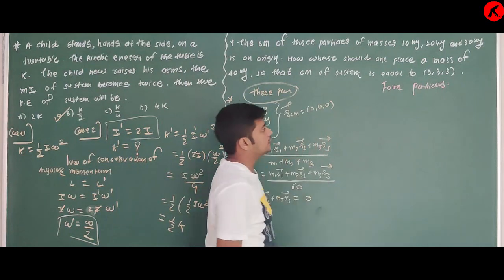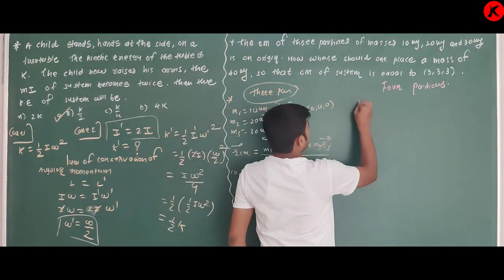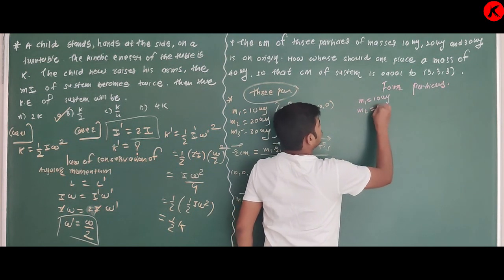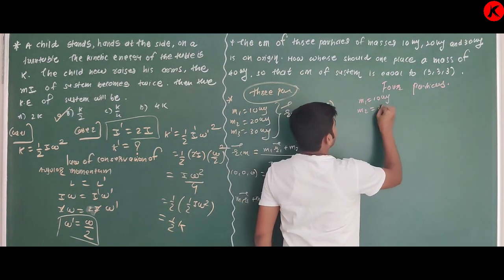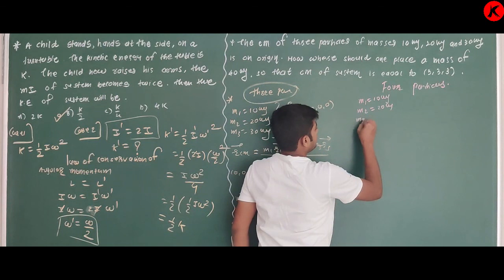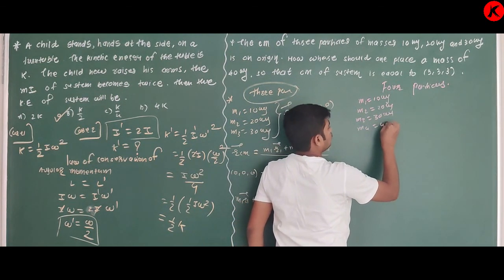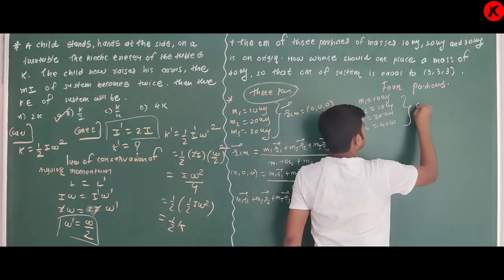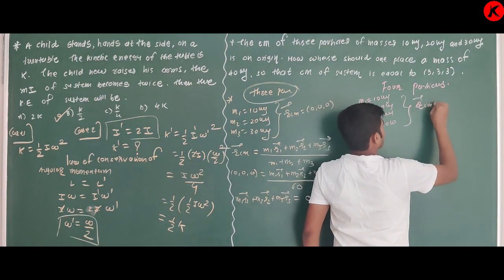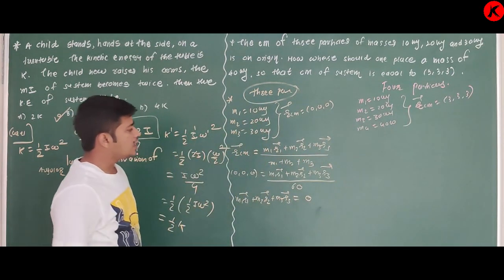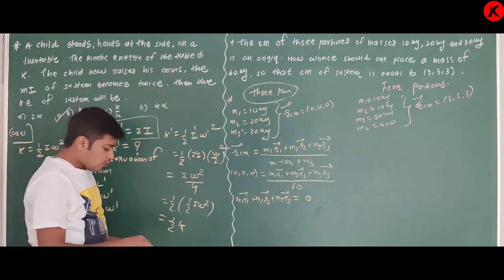Having masses M1 10 kg, M2 20 kg, M3 30 kg, and M4 equal to 40 kg. And now their center of mass is equal to (3, 3, 3). So now what is the equation?